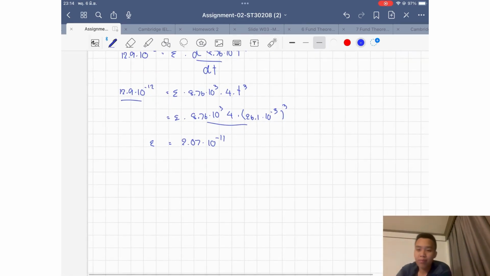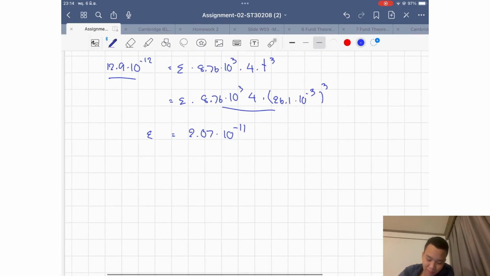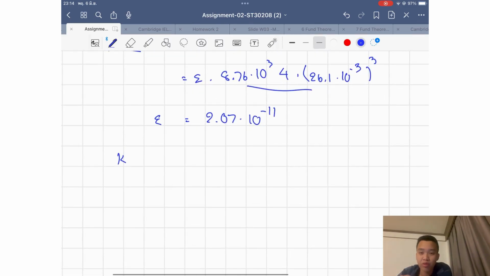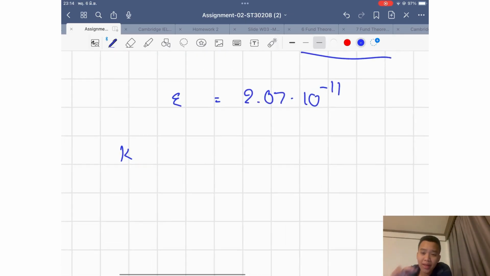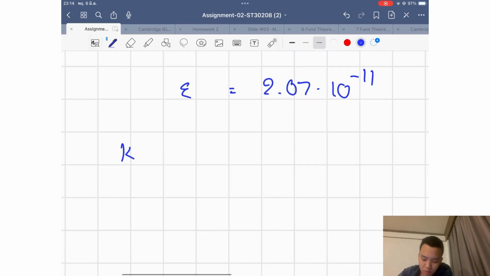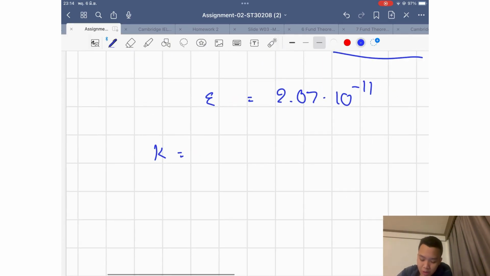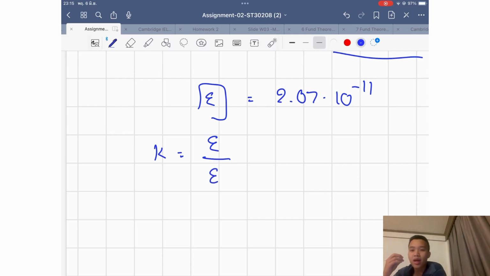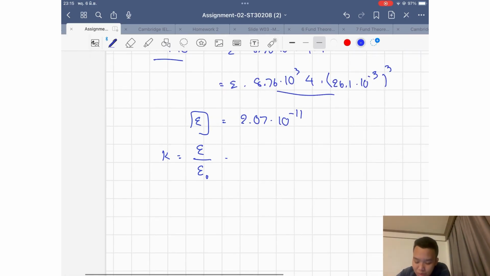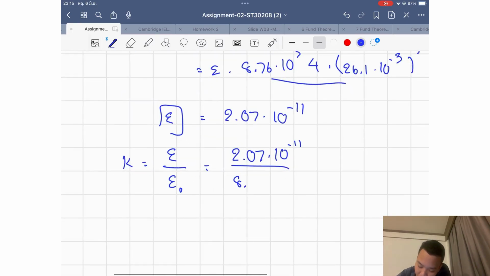But importantly, because it is a dielectric, we have to involve the dielectric constant. So the dielectric constant is basically equal to the absolute permittivity, this one as we found it, divided by the vacuum permittivity of free space, which we have long known equals 8.85 times 10 to the power of minus 12.